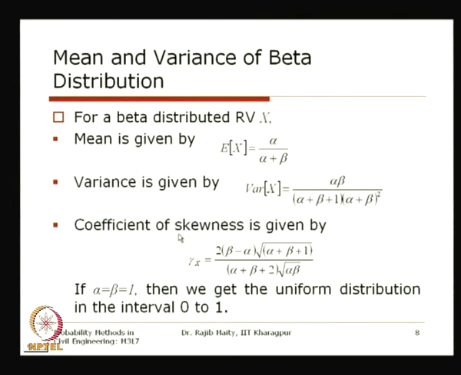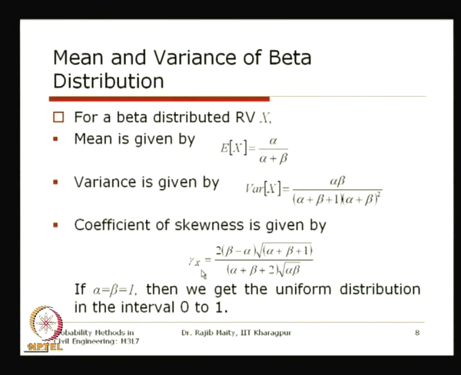Coming to skewness, again you know this is the third moment with respect to the mean, and when you are talking about the coefficient of skewness, it is normalized by the cube of the standard deviation, or the 3/2 power of the variance. This is also discussed in the previous lectures.